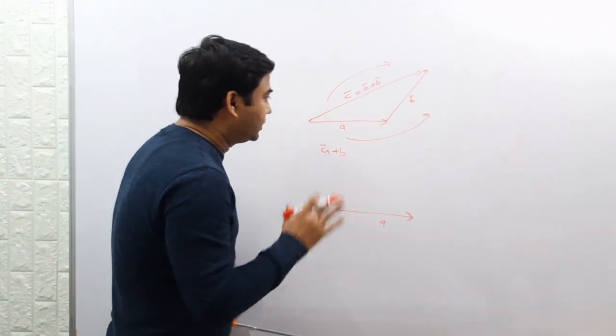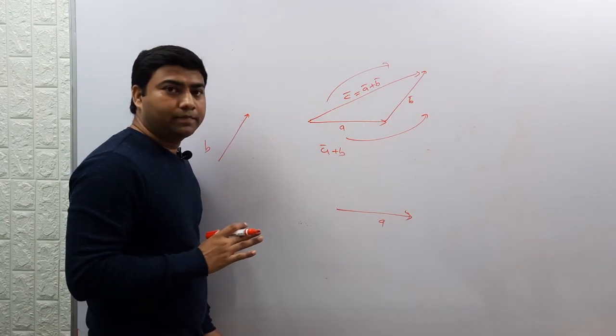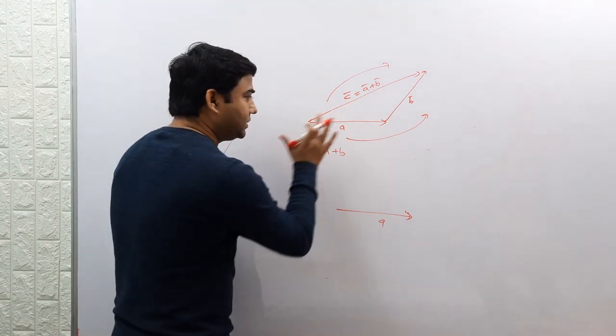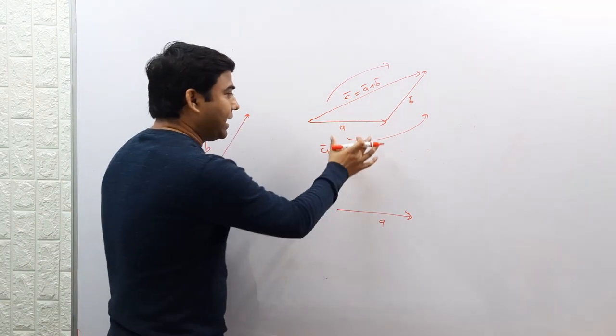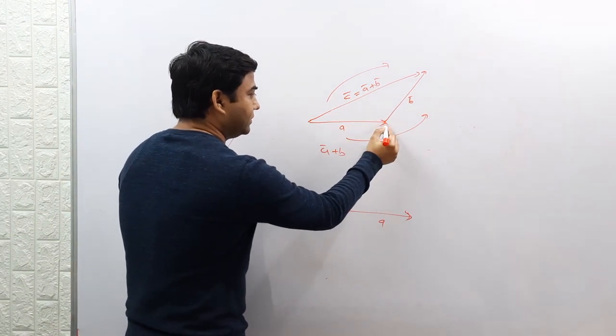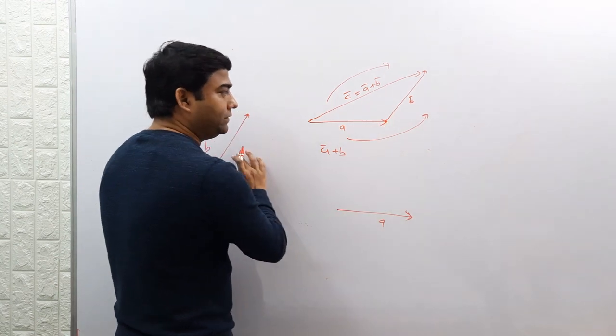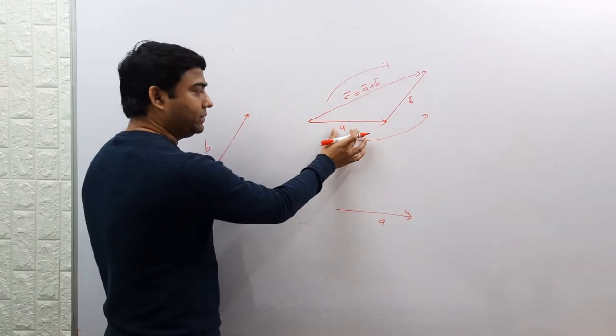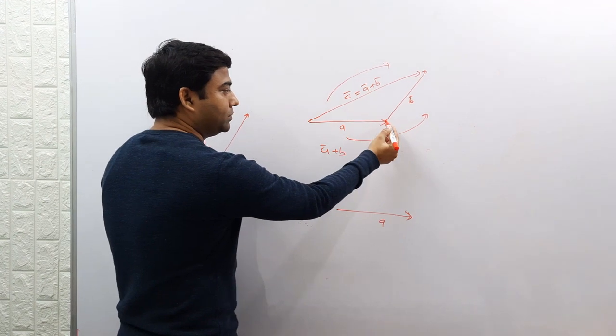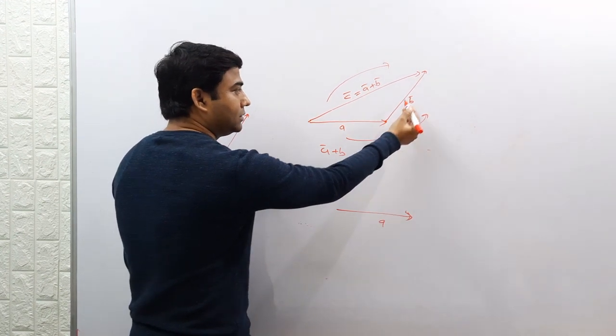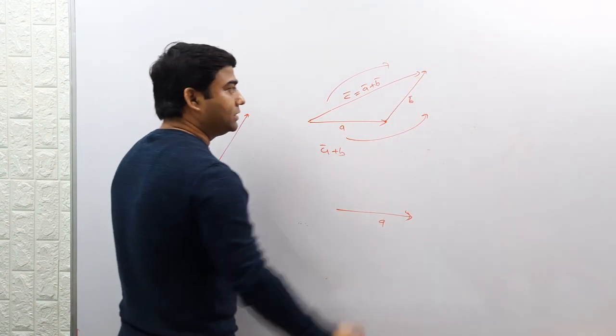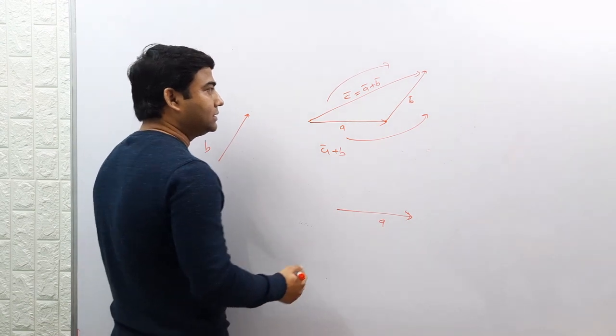It is simple to remember this law. Just write a vector, add, start the second vector which is being added from the head of the first vector, and end this vector in the same direction, whatever direction it is.